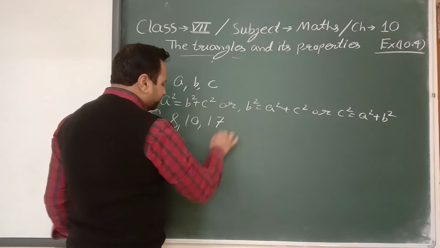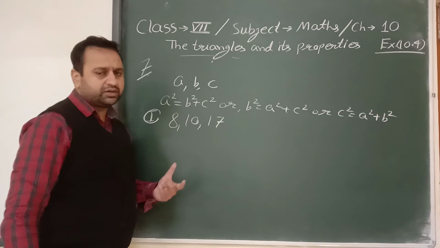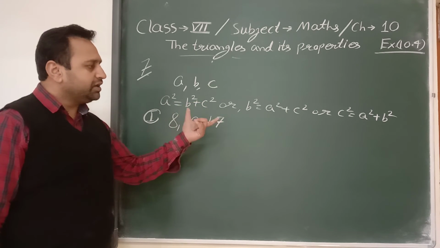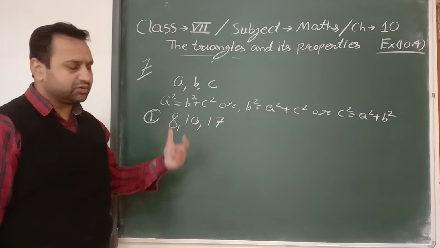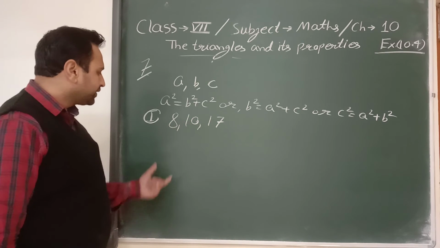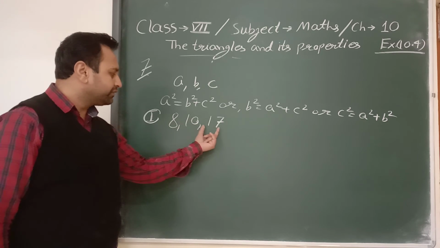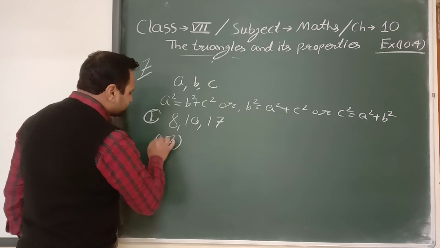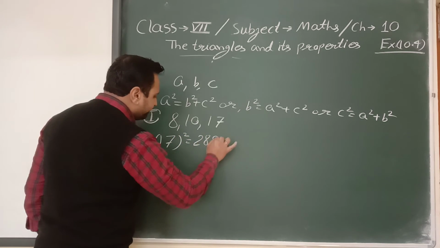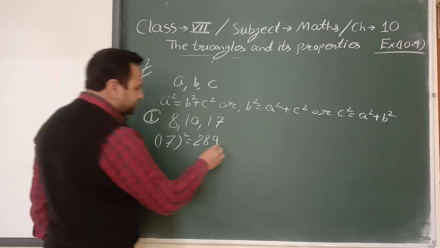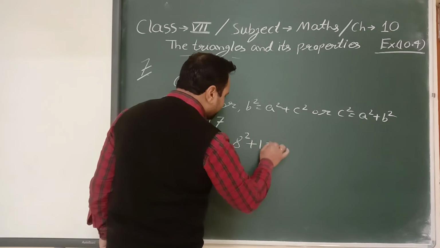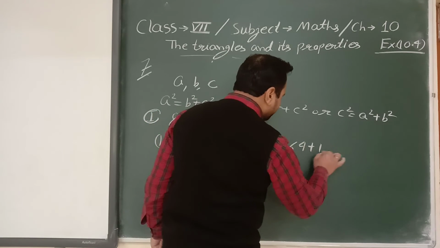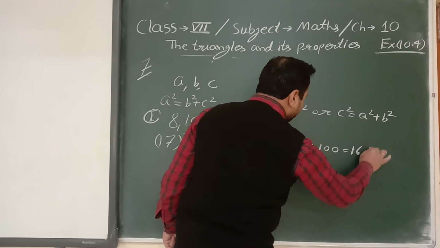And we have to find out if these are Pythagorean triplets, yes or no. अगर ये इनमें से किसी भी एक रिलेशन को कंप्लीट करती है, then it is a Pythagorean triplets. तो हम इसमें तरीका क्या है, पहले आप सबसे बड़ी सेट लोगे, इट्स मीन 17 स्क्वायर 289, एंड जो रिमेनिंग 2 सेट्स बची हैं उनके स्क्वायर का सम, इट्स मीन 64 plus 100, and their sum is 164.